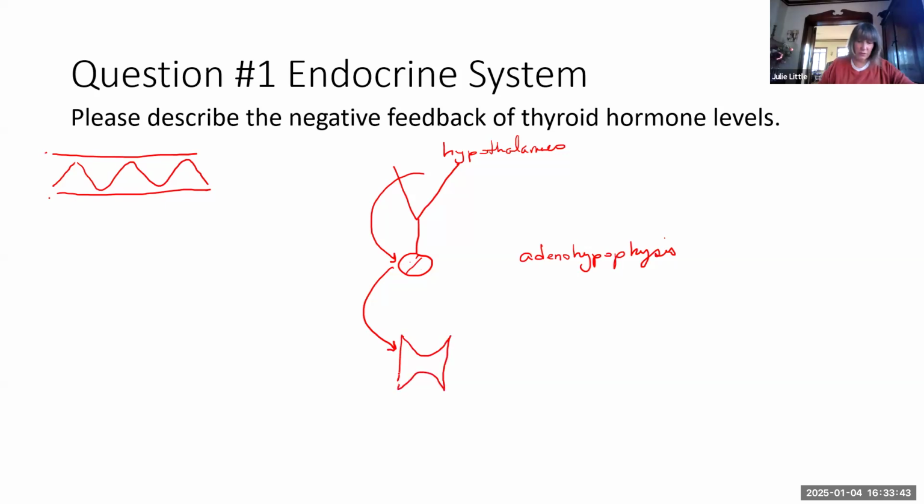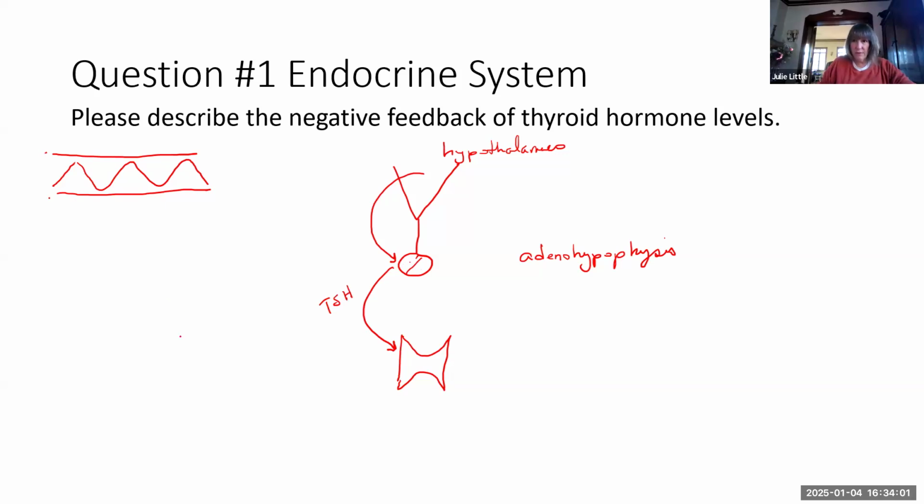I know that's a weird little drawing, but the thyroid is narrow and very shallow in the front, in front of your trachea, and then it wraps around the trachea and it's more beefy on the outsides. Anyway, this hormone that's going to stimulate the thyroid gland is called TSH.